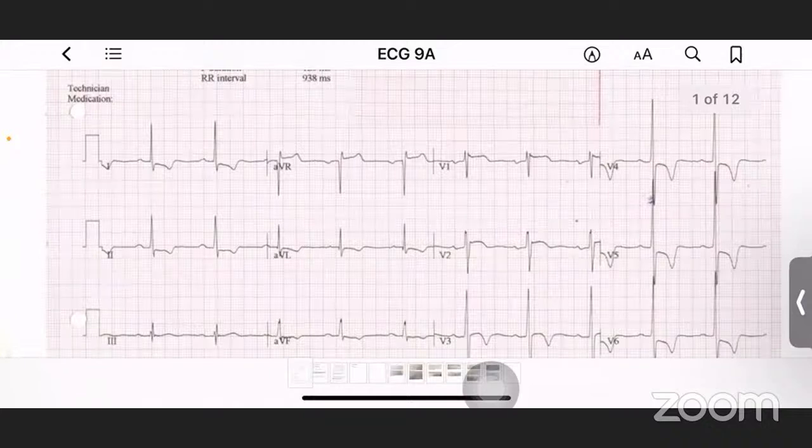Okay, so now we use this case to see how we interpret the ECG systematically. First is the heart rate. The second one is regular, correct? Heart rate is maybe around 60, so maybe it's bradycardia, and it's regular. Then after that, you look systematically. Usually what I do is, first I look at the general picture, any LVH?